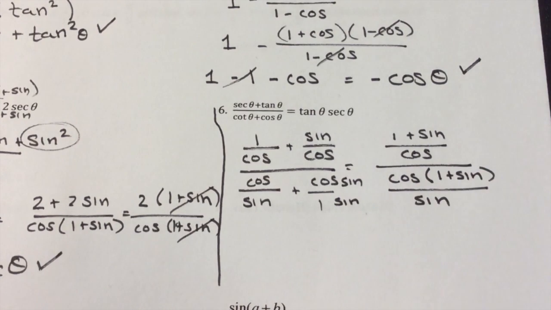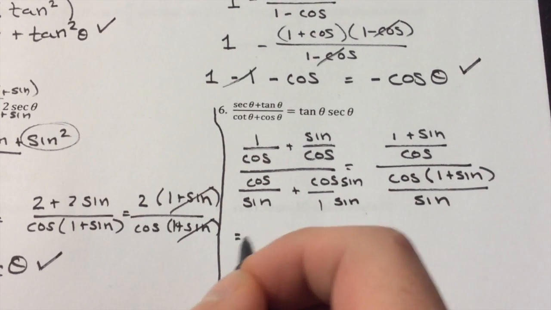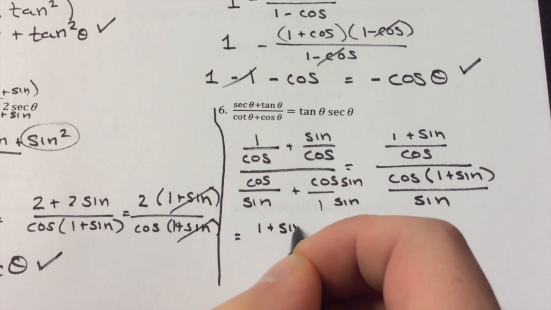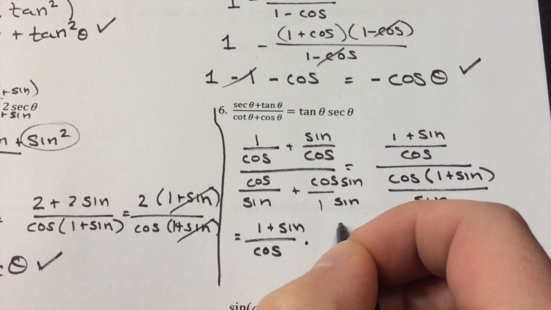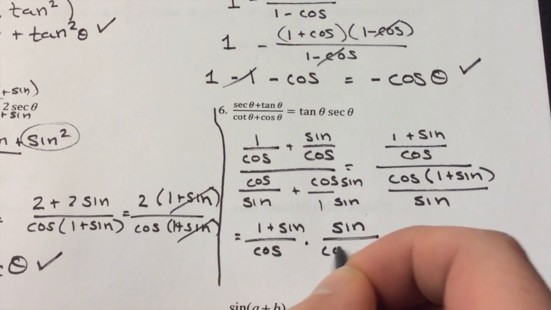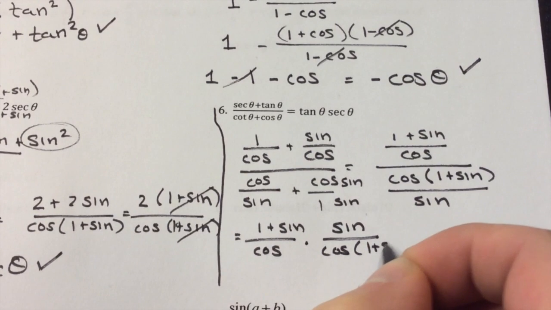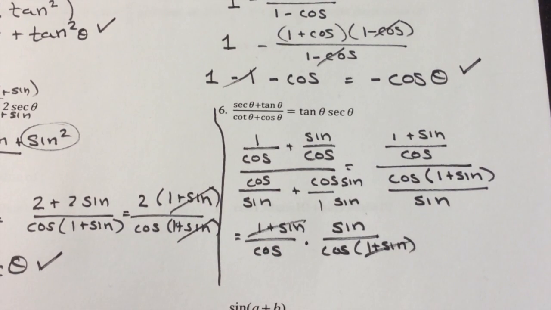Now I have two fractions. So when I divide two fractions together, I flip the guy and multiply. So I have 1 plus sine over cosine times sine over cosine 1 plus sine. And what I got here is those cancel out.